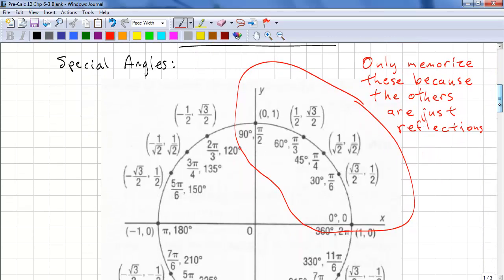Here's a list of our special angles: 0, 30, 45, 60, 90. And you should know the trig ratios for all of them. Since this is a unit circle, we have the ratios right here. Root 3 over 2 is x, which is cosine, 1/2 is the y, and that's sine, and so on.